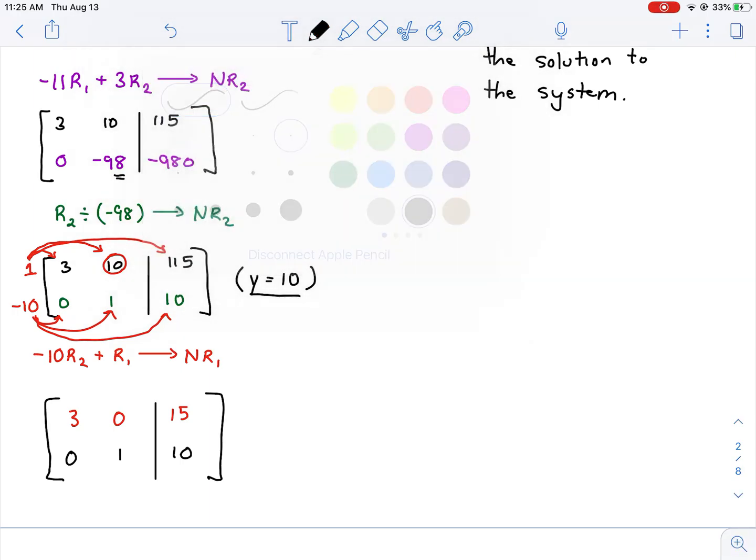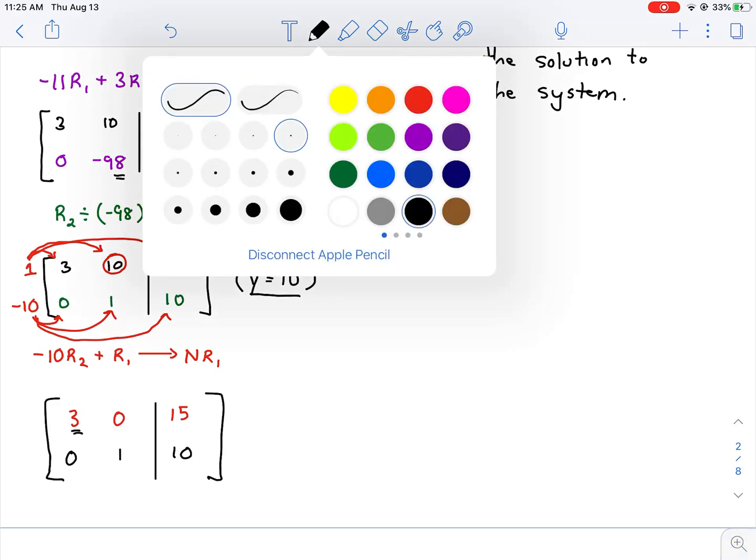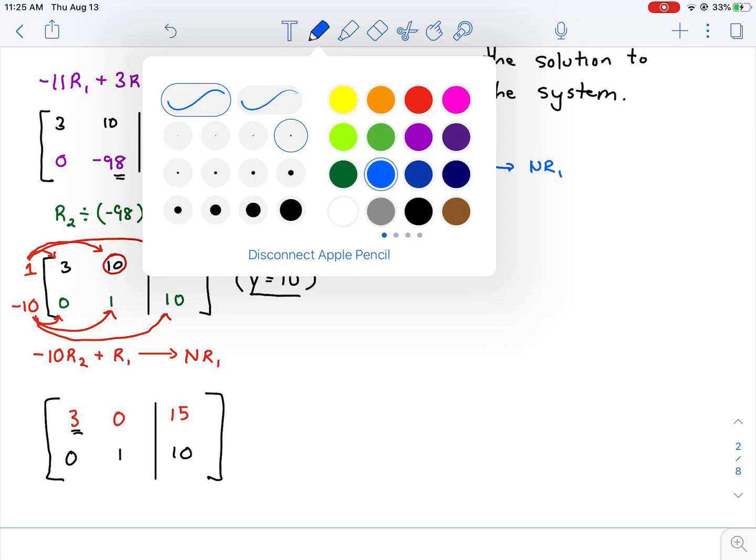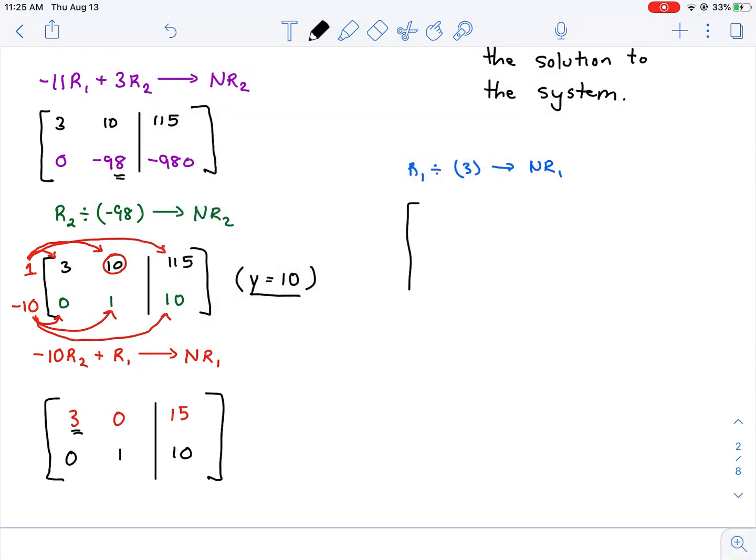And now we want to make this 3 a 1. So we're going to do row 1 divided by 3, and that will be a new row 1. So row 2 does not change. Three divided by 3 is 1. 0 divided by 3 is 0.